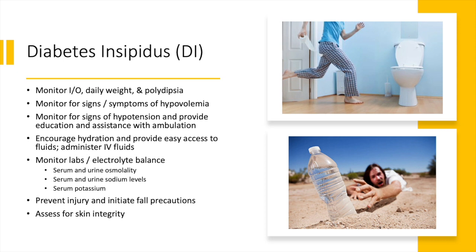Hypernatremia, because your body's retaining that salt, and then related to what we talked about a moment ago with turgor, you're going to have a decrease in skin elasticity because your level of fluids in the body is drastically decreased. Weight loss will occur with excess fluid loss, and thirst is going to be a key sign.